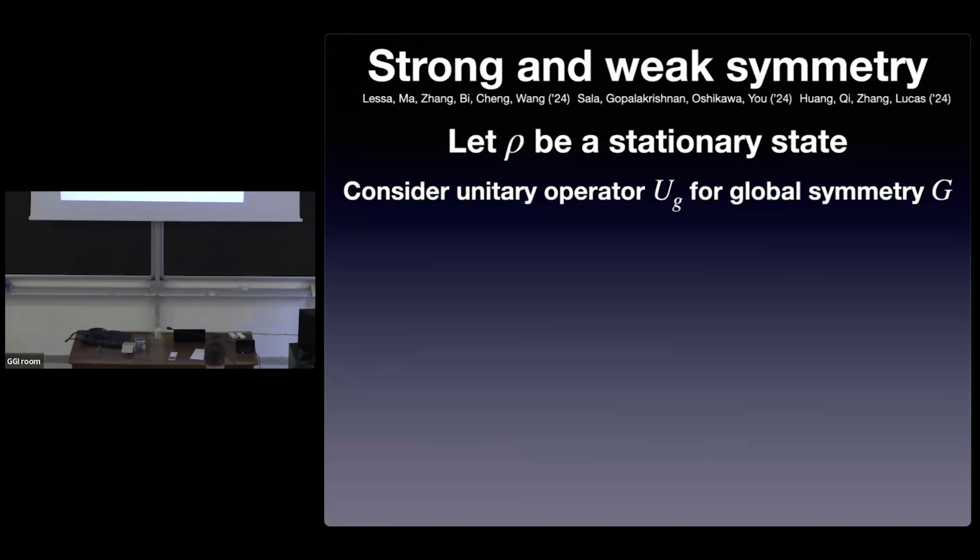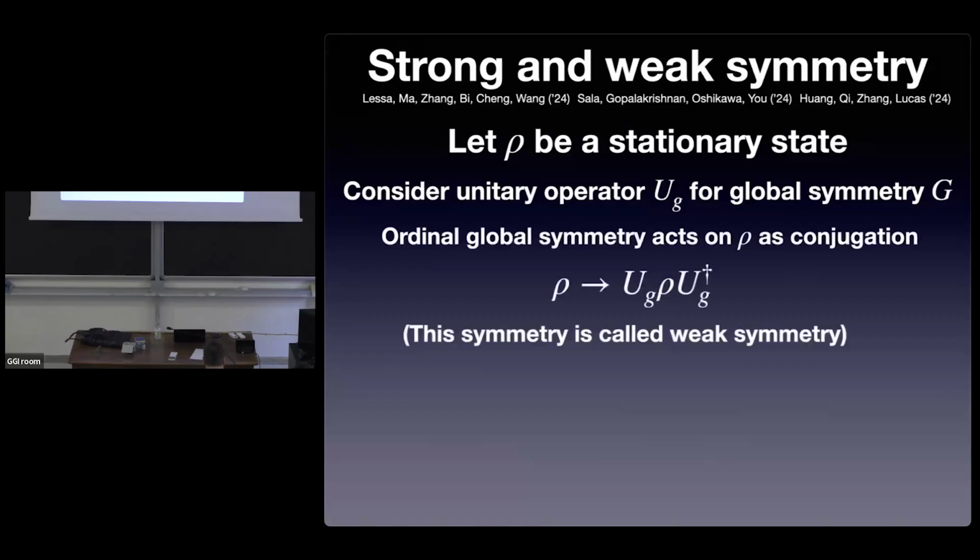The system has some global symmetry G, whose unitary operator is written as U_G. An ordinary global symmetry acts on the density operator like this: under the global symmetry, the density operator transforms to U ρ U dagger.